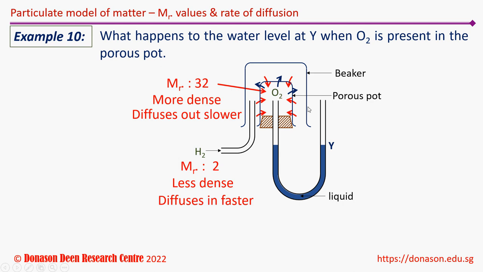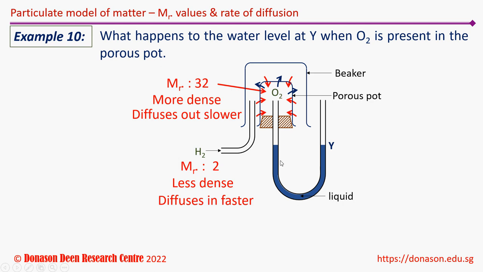So what is this going to do to the water level? Of course, if there are more gases getting into the porous pot, the pressure inside the porous pot is going to increase. And when the pressure here increases, the gas molecules are going to come down and push the level of water on the left side of the limb.